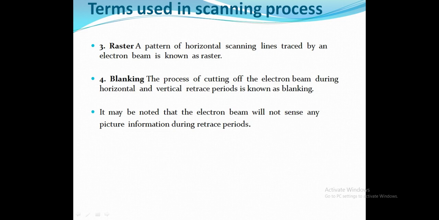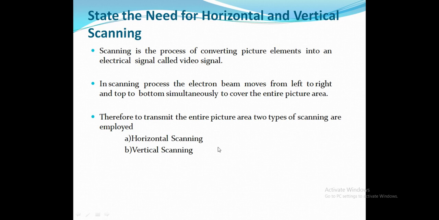Blanking is the process of cutting off the electron beam during the horizontal and vertical retrace periods. In this period, no signal is produced and no picture information is sent.